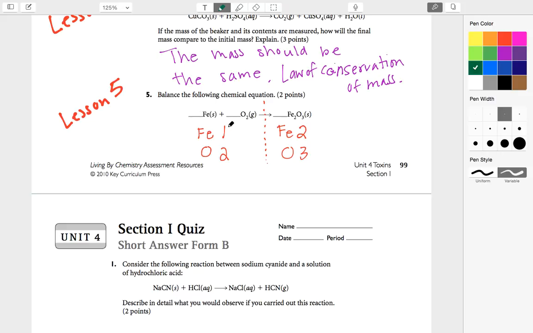So Fe, there's 2 on this side, so I want to add 1 more on this side. And I can do that by changing it to the coefficient 2, because 2 times the non-existent 1 over here, because if there's no number, that means I have 1 of that element. 2 times 1 will give me a total of 2 iron elements on my reactant side.